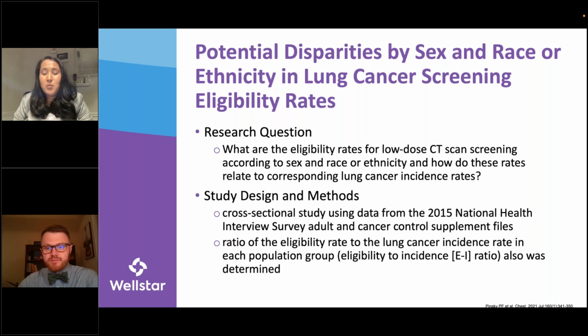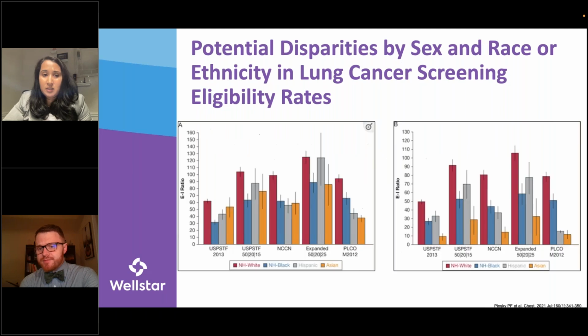This study was published in 2021, but prior to the 2021 criteria being out. And the study looked at the eligibility of lung cancer incidence to the ratio of lung cancers that were being discovered. On the left, you have the graph for the male population. On the right, you have the female population.